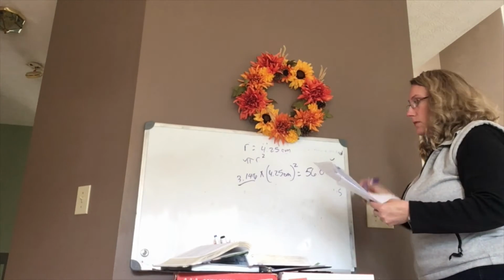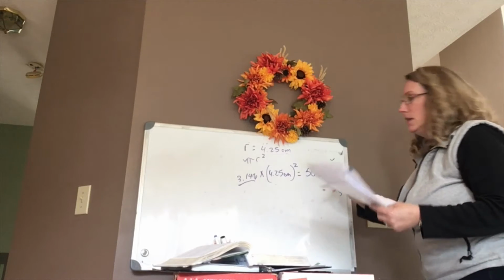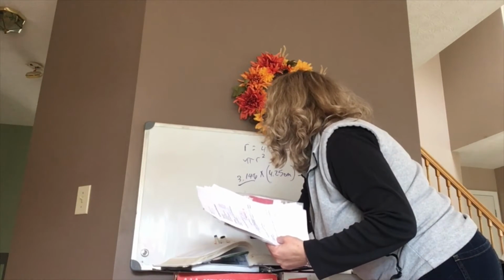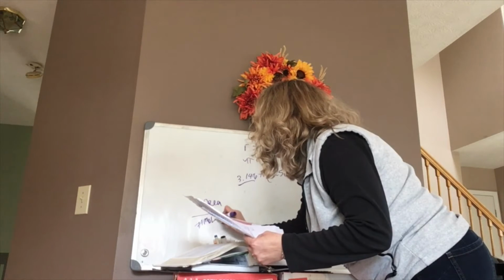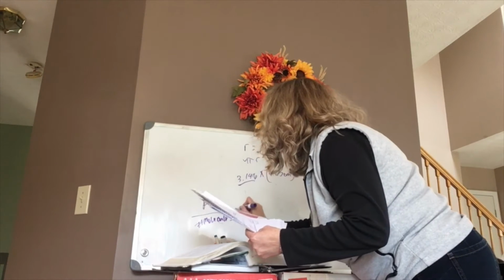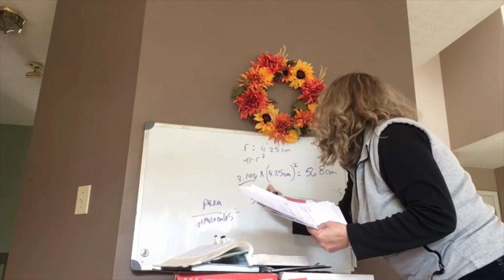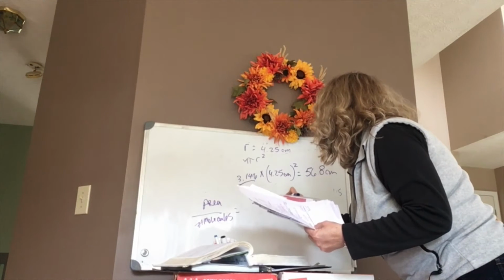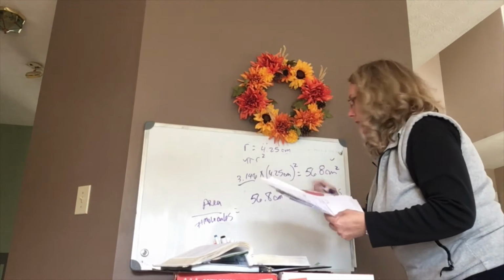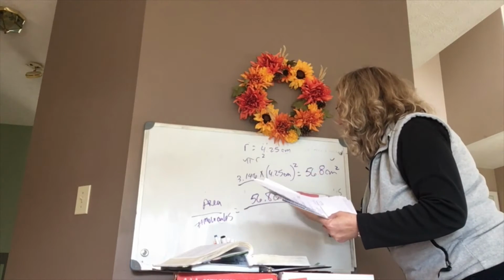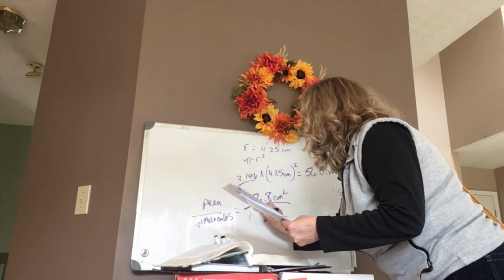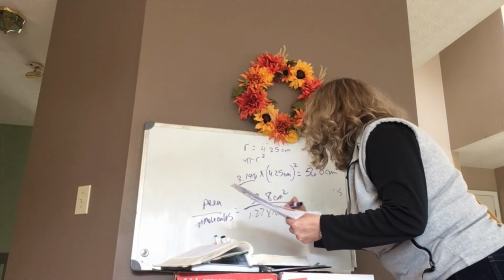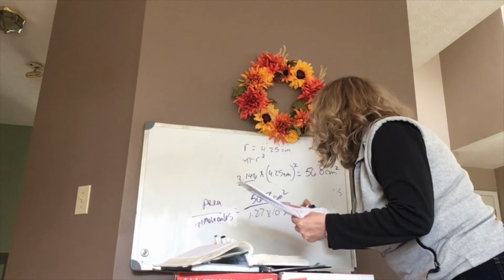Now I take the area of my circle and divide it by the number of molecules. Mine is 56.8 centimeters squared, because this is squared, divided by my number of molecules, which was 1.27 times 10 to the 15th molecules.